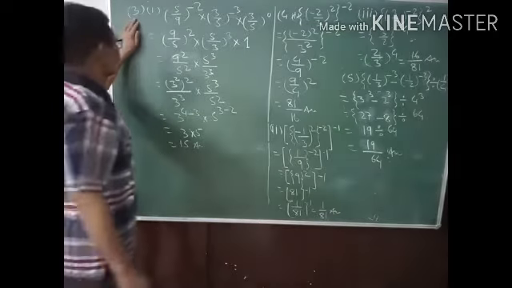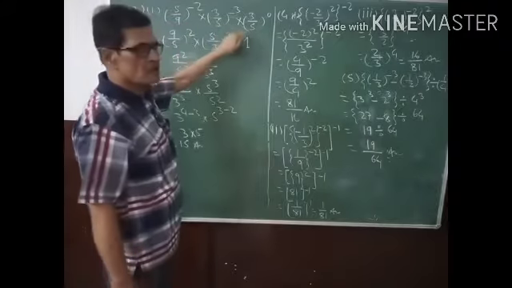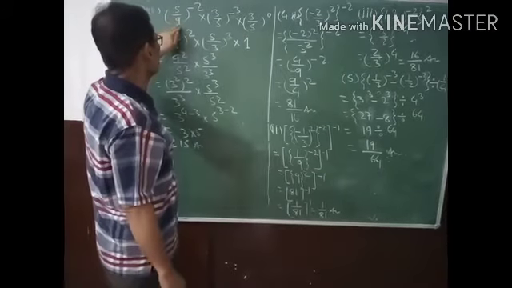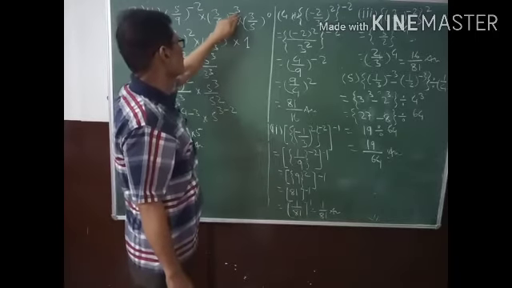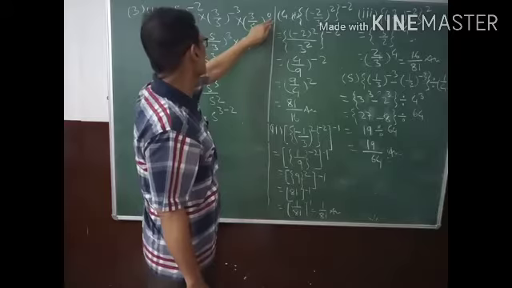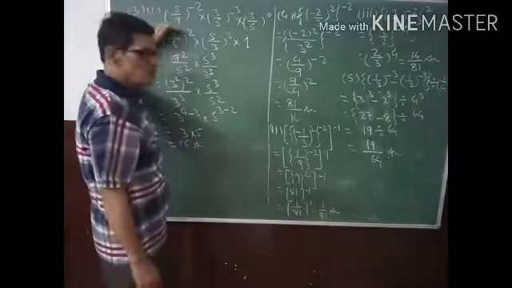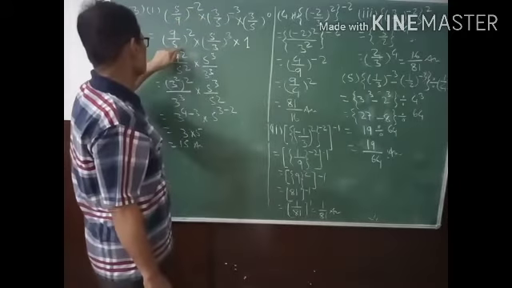Now come to the question number 3 first. You have to find out the value of 5 by 9 to the power minus 2, 3 by 5 to the power minus 3, and into 3 by 5 to the power 0. First of all, I shall make this exponent positive.